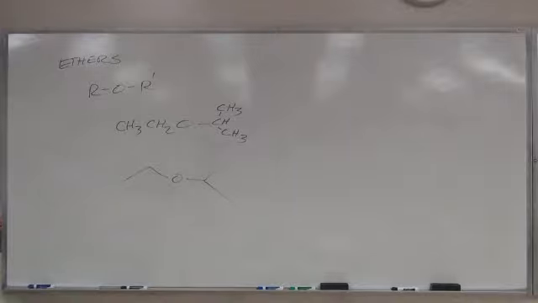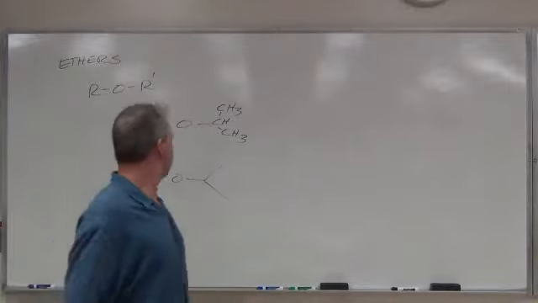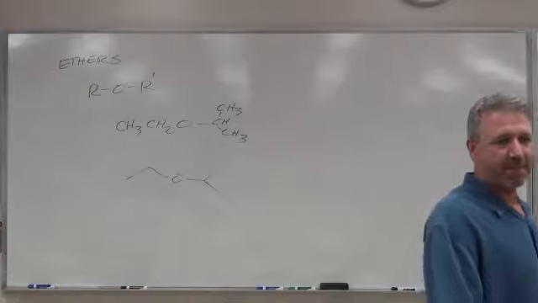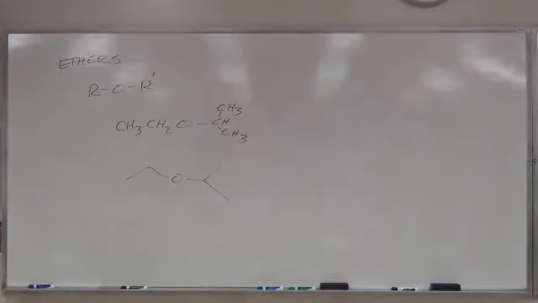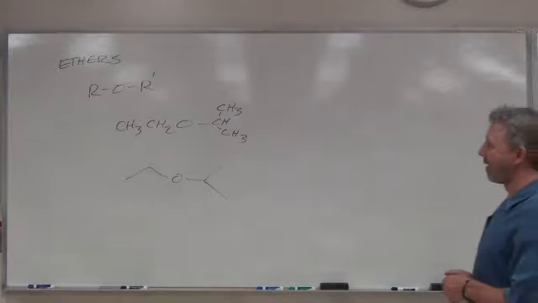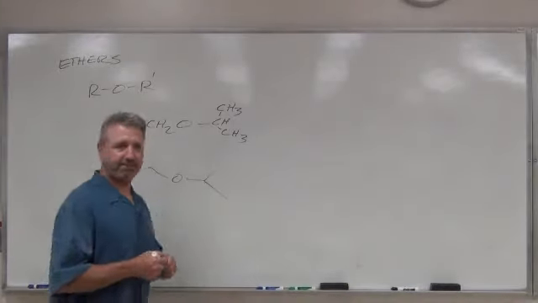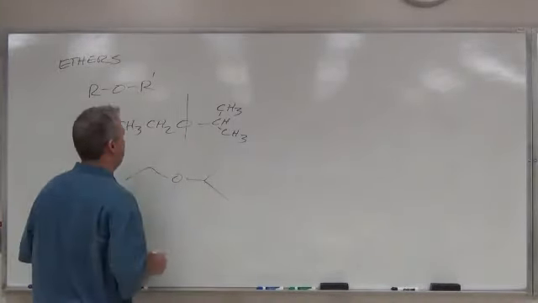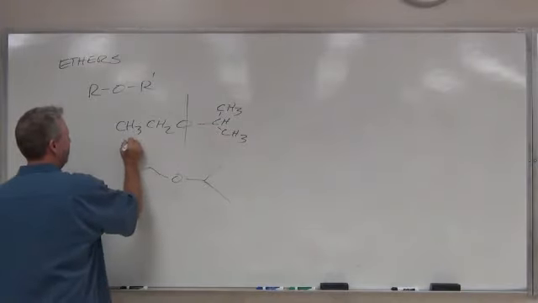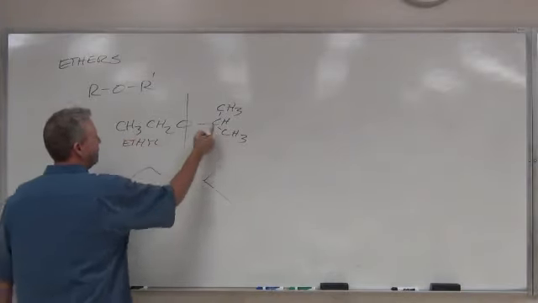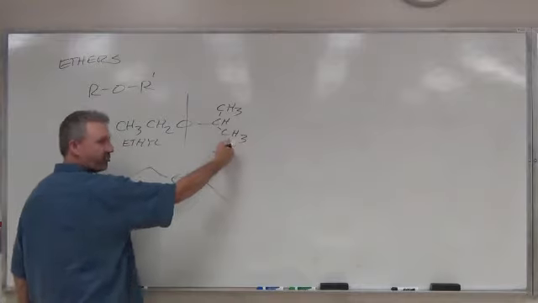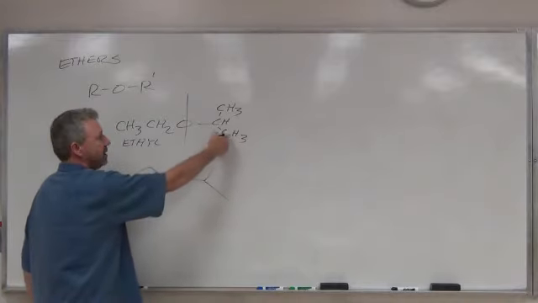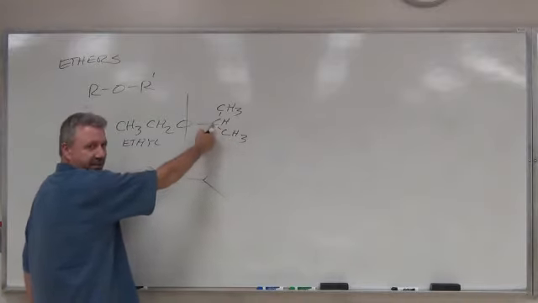What is this? Very good. Everybody see it? Let's draw a line through our oxygen. We have ethyl. This, 1, 2, 3, a three carbon chain where we're attached at the center carbon.